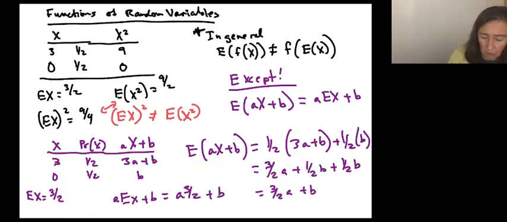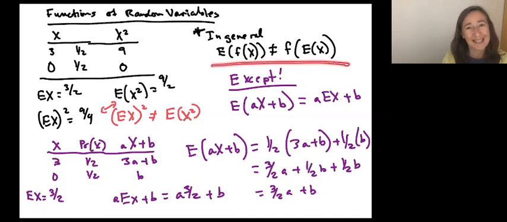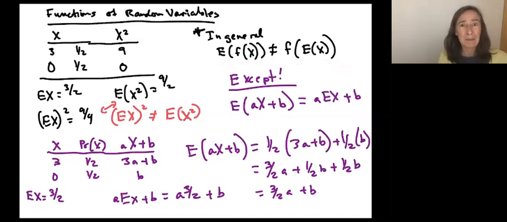So for this particular type of function, this linear function, we can switch the order of expectation and applying the function, and that turns out to be hugely helpful. It is also beyond helpful. It is critical to remember that for other functions, we can't switch the order.